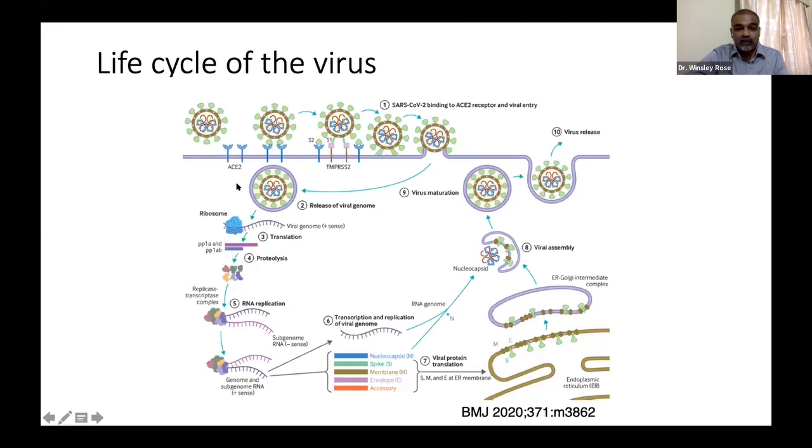We are all well aware of the antiviral drug remdesivir, which is an inhibitor of the RNA-dependent RNA polymerase. It's a mimic of adenosine triphosphate, and that is how it works as an antiviral agent, at the stage where RNA replication happens.